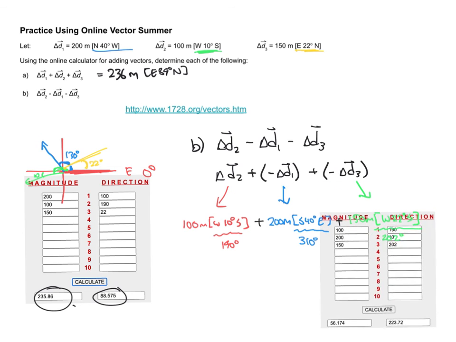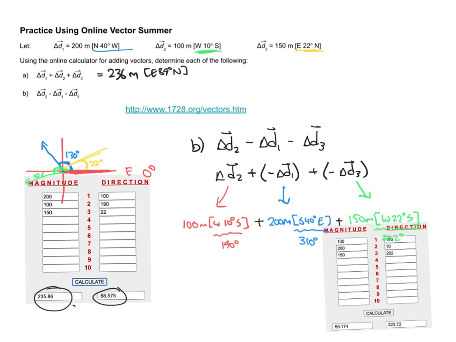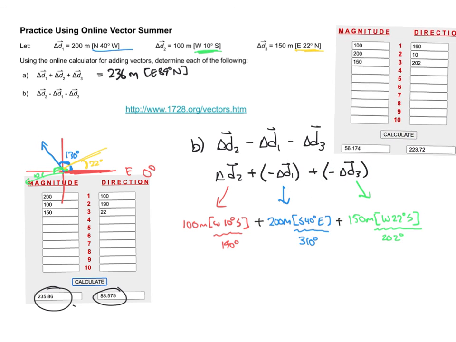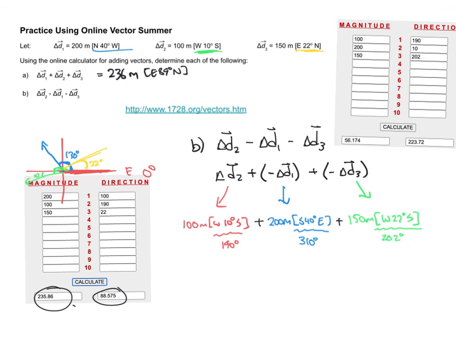And the answer, trying to find some space here. So the answer is given there as 56 meters, and the angle is given as 224 degrees. So I kind of have to do a little bit of work here.